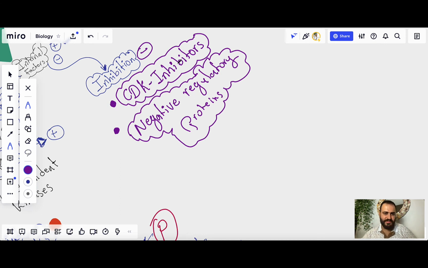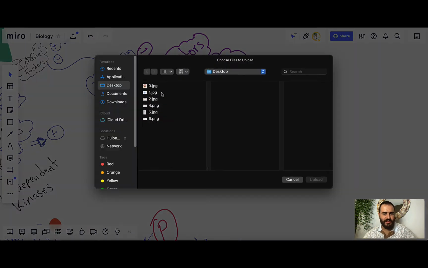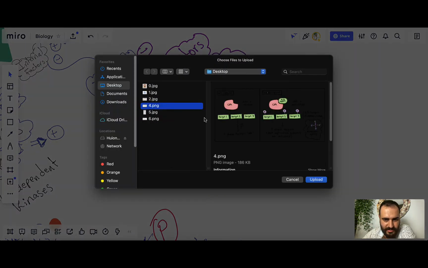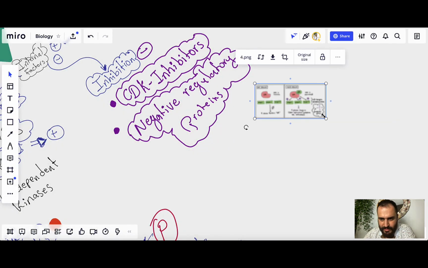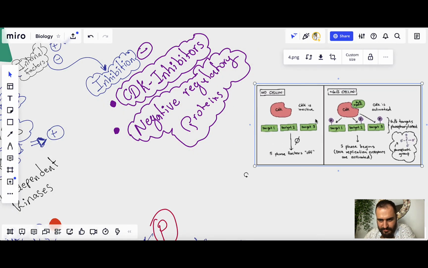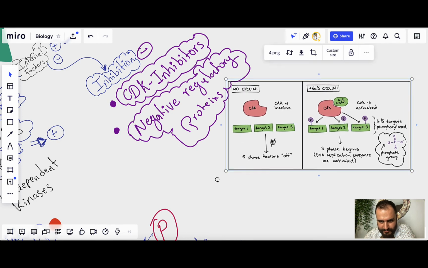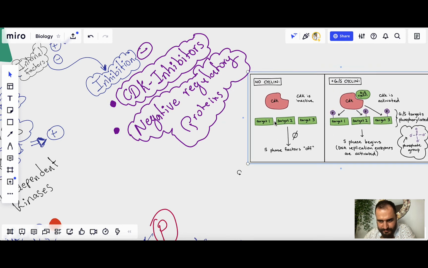Let's start with CDK inhibitors. CDK inhibitors simply prevent the binding, as we mentioned, between cyclin and cyclin-dependent kinases. Let's see how this works. If CDK is inactive, then no phosphate group is going to bind to the target protein.